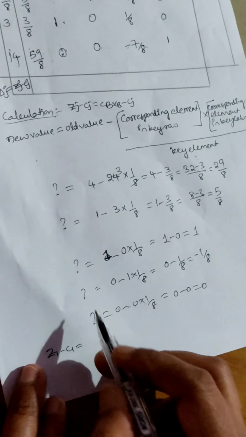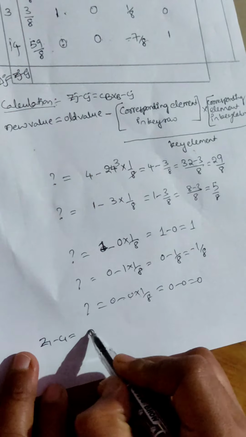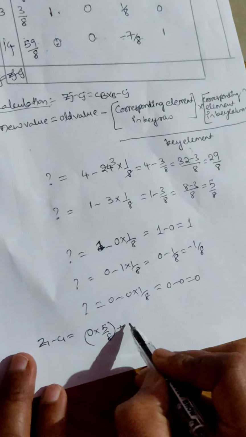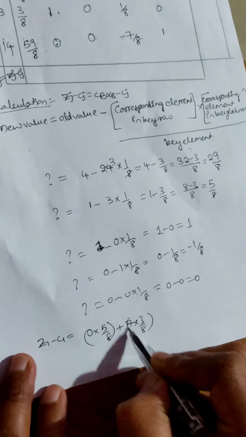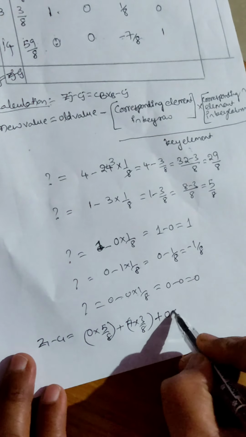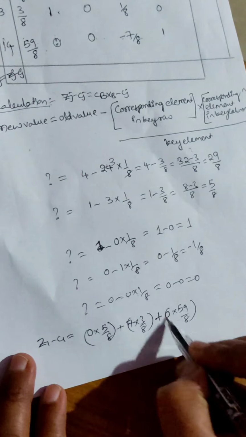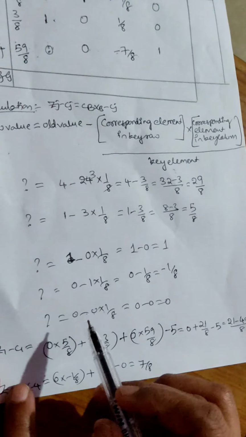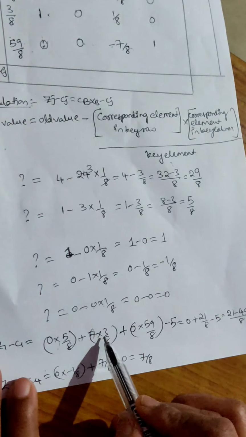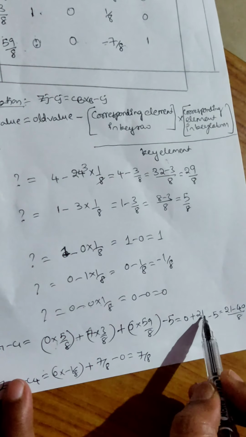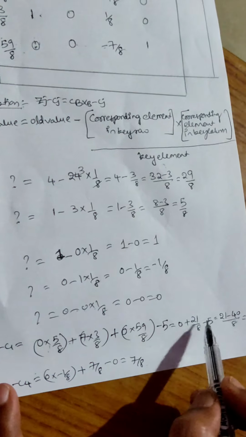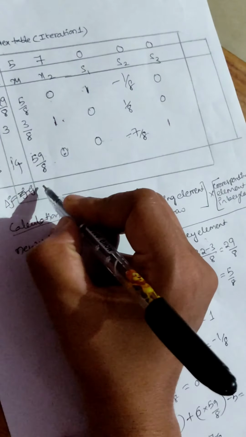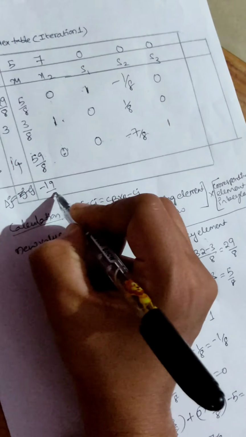Z1 minus C1 is 0 into 5 by 8 plus 7 into 3 by 8 plus 0 into 59 by 8 minus 5, we have to calculate. So 0 into 5 by 8 is 0, plus 21 by 8 plus 0 minus 5 is 21 minus 40 by 8, that is minus 19 by 8 right here, minus 19 by 8.